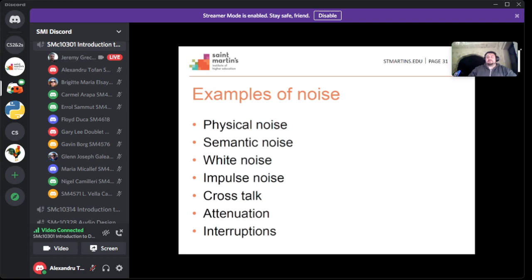All right, you have another form of noise, which is known as attenuation. Attenuation essentially is the physical limitations of the medium itself. Let me give you an example of what I actually mean.